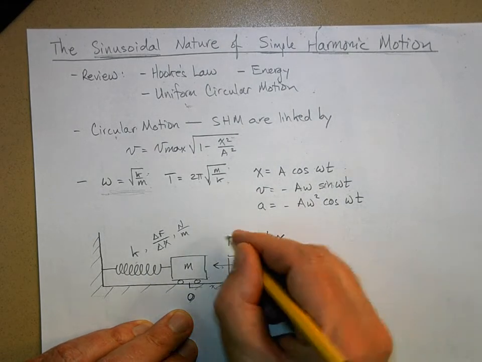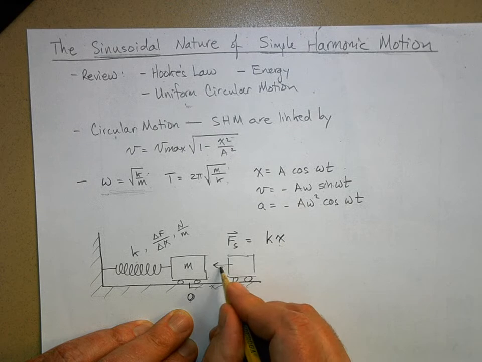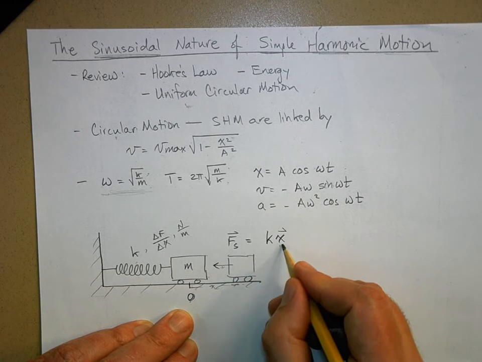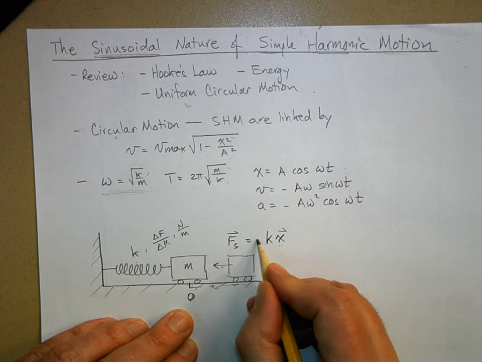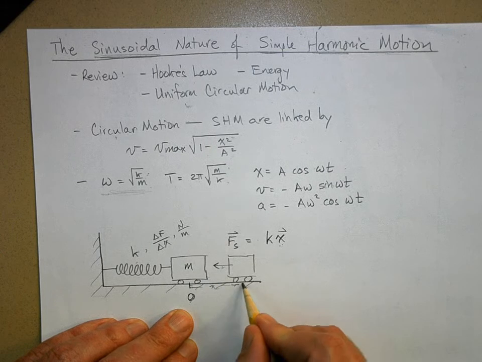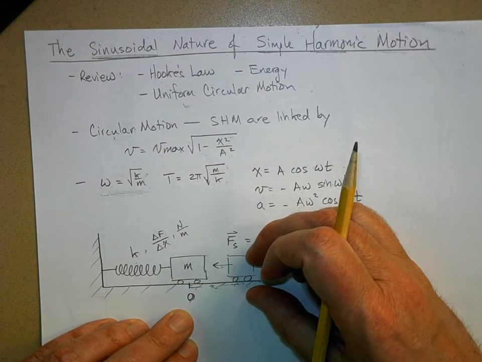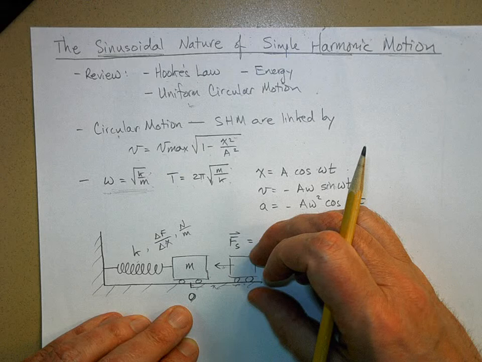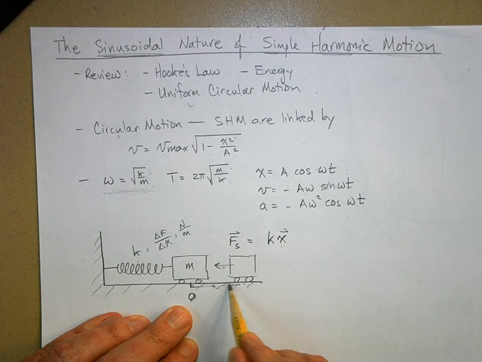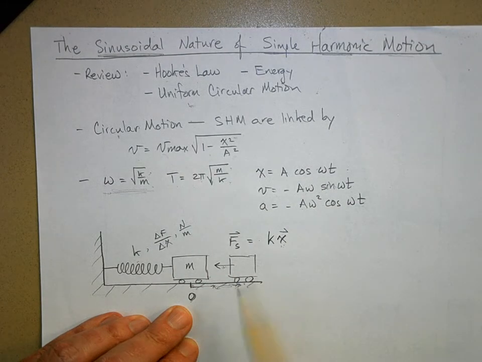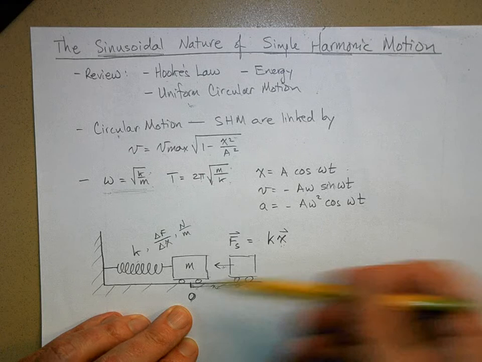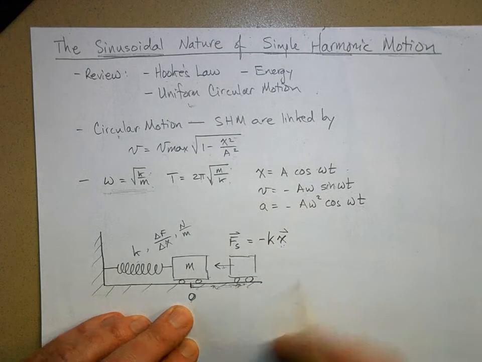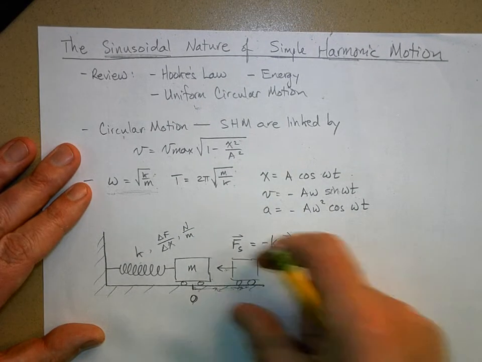And the last thing is, this force is a vector, and so is our position. If x is positive, if I pull it out like this, the displacement vector, or the position vector, is to the right, but the force vector is to the left, so it's in the opposite direction. And the same is true if it's compressed.